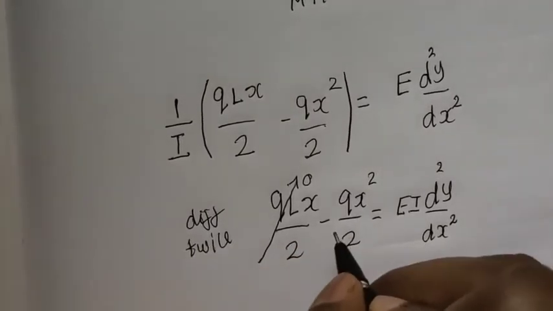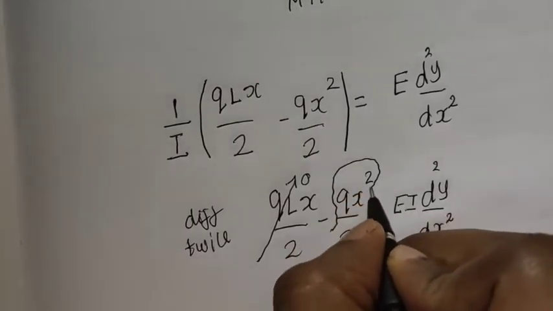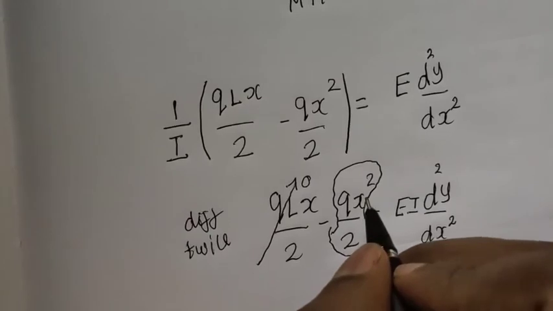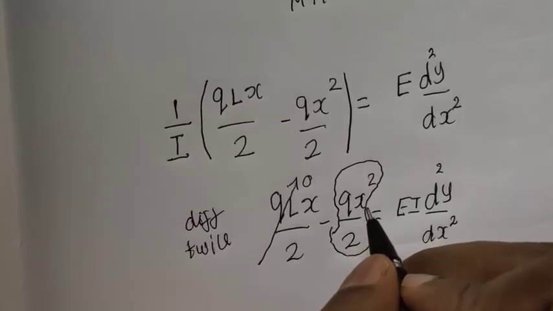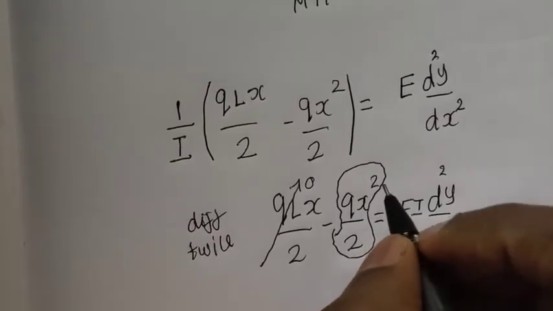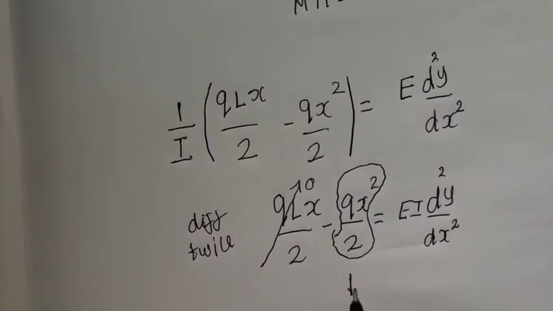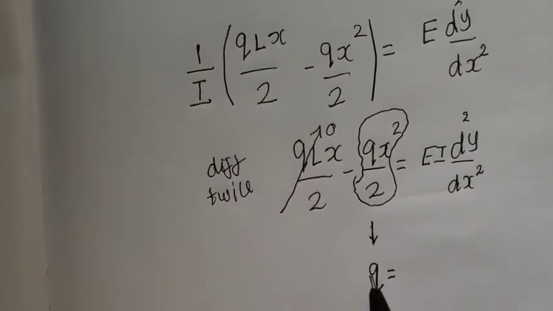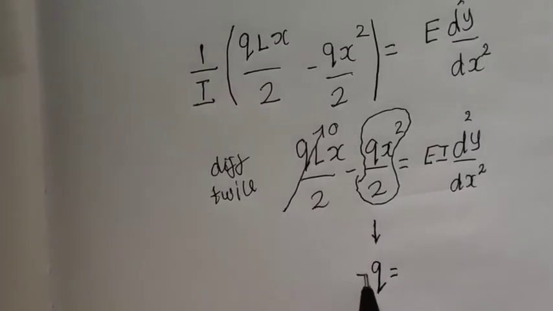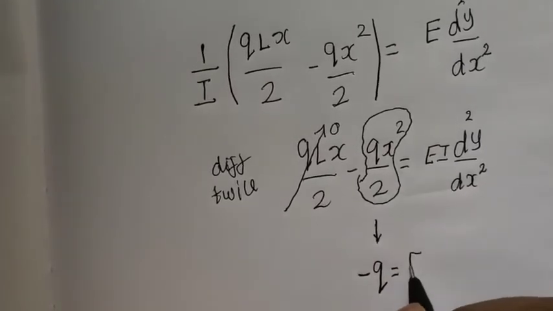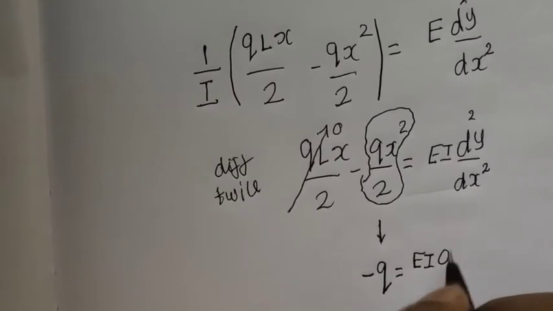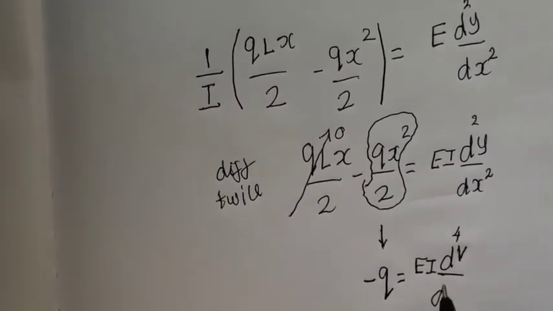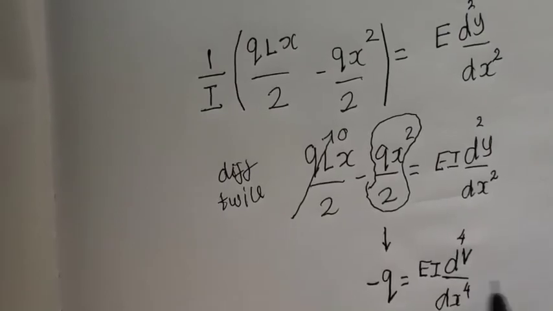And what happens to this term? If you differentiate 1 time, you get 2qx, so the 2 goes away. If you differentiate 2 times, you just get q. So after differentiating, this term is going to give you the value q. Well, there is a negative sign. You can put a negative sign there, into EI into d power 4 v by dx power 4.